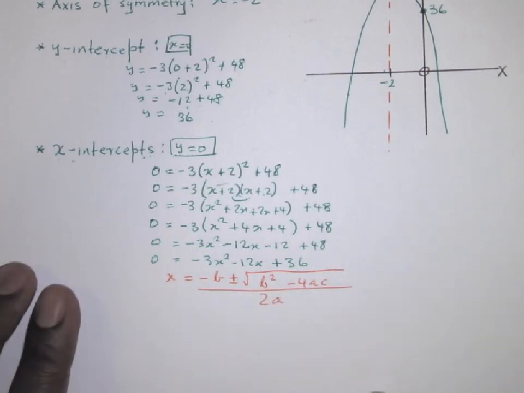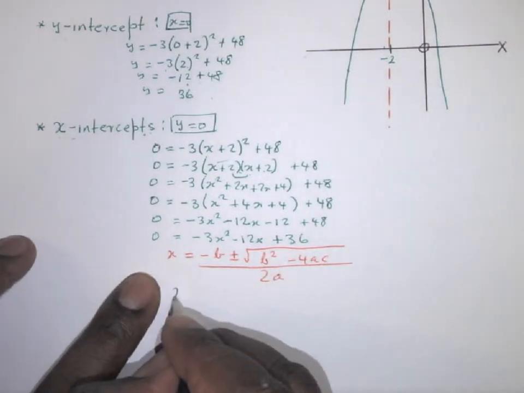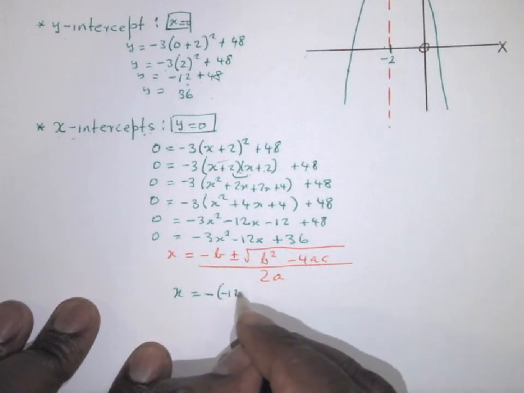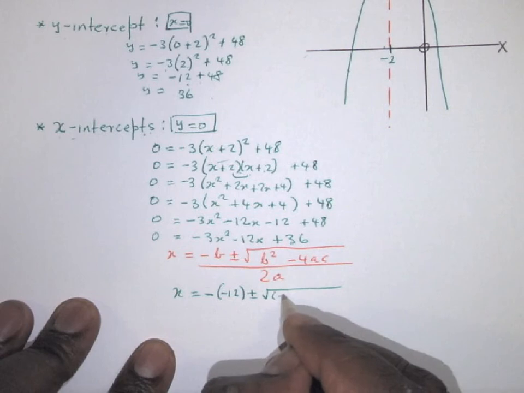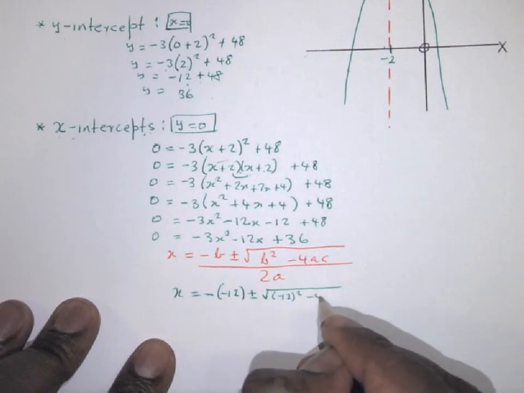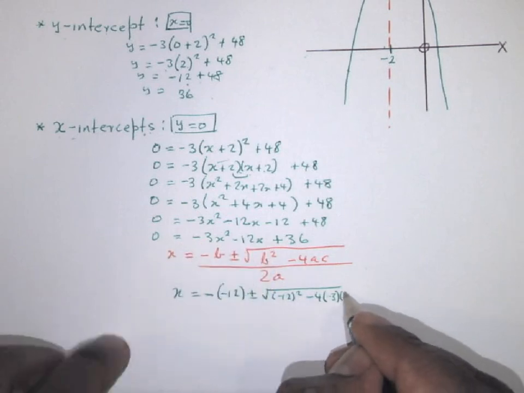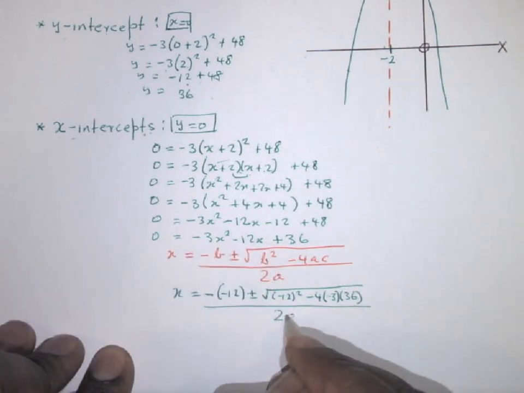So x equals minus, what is our b value? It's minus 12. So plus or minus the square root of (minus 12) squared minus 4 times the a value, minus 3, times the c value, 36, all over 2a.